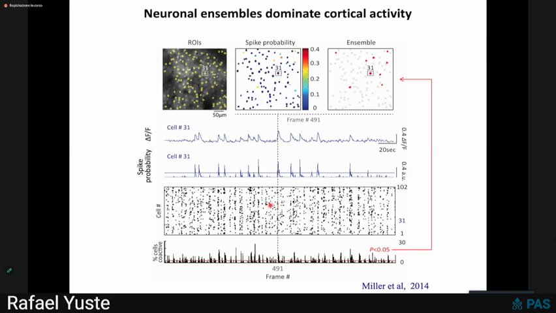These little ensembles, these groups of neurons that you saw with your own eyes firing together, are seen in this analysis as these little vertical lines of black dots. They correspond to synchronizations of small groups of neurons. If you collapse this raster plot into a histogram of the percentage of active neurons as a function of time, you see that cortical activity is percolating, and you see these little earthquakes that involve about 5 to 7% of the neurons, which are the ensembles.